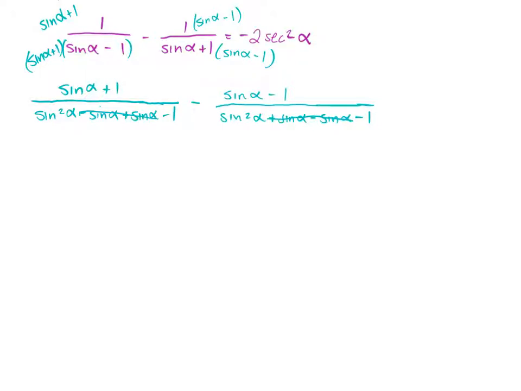We have sine alpha plus 1, and then sine alpha minus 1. That looks weird. And that is all over sine squared alpha minus 1.